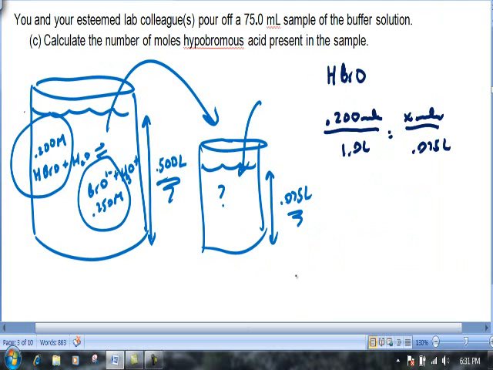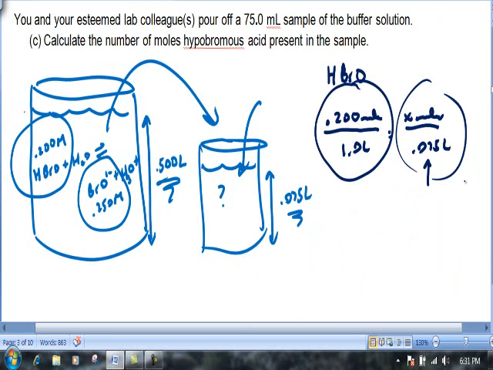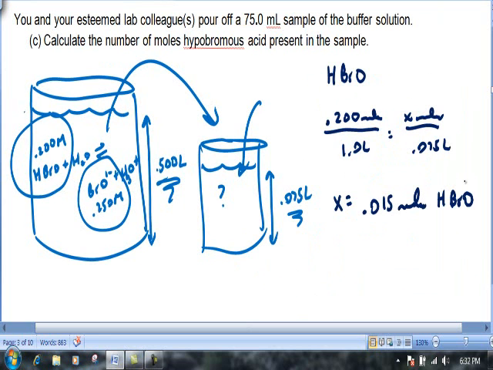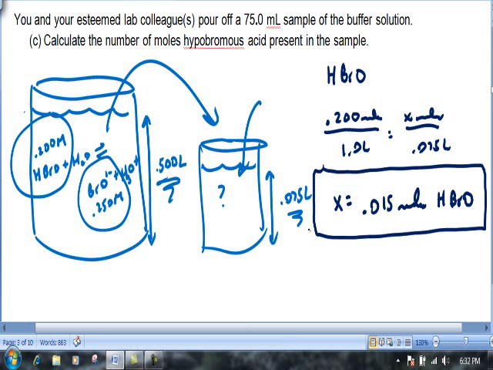Repeating the process for the hypobromous acid, we know we have 0.200 moles per 1 liter, so that means we're going to have X moles present in a sample that's 0.075 liters. Solving for X tells us that we have 0.015 moles of hypobromous acid present in our sample that's only 75 milliliters in volume.